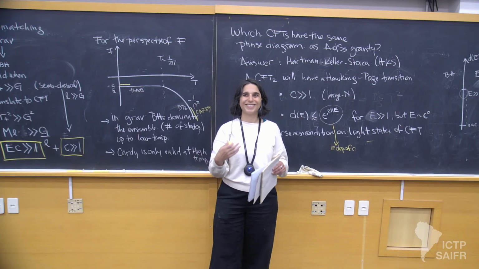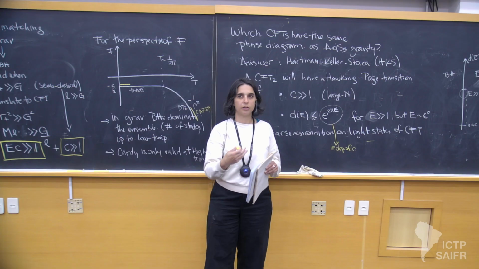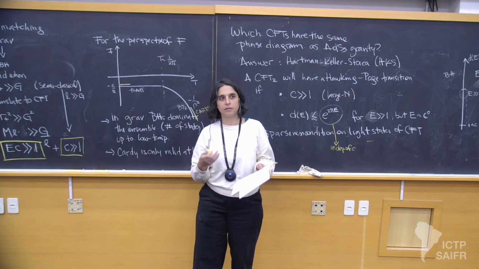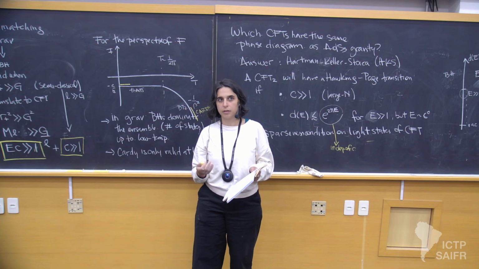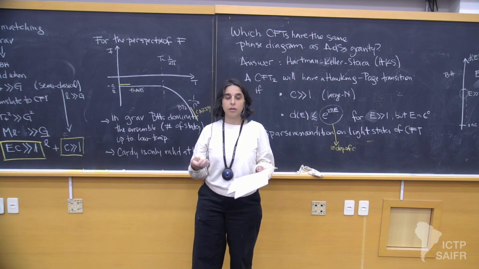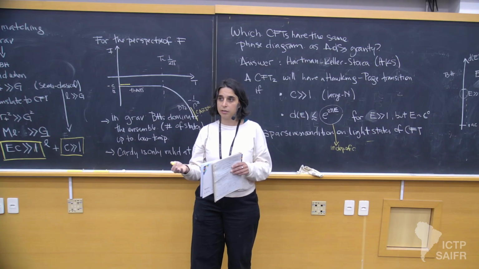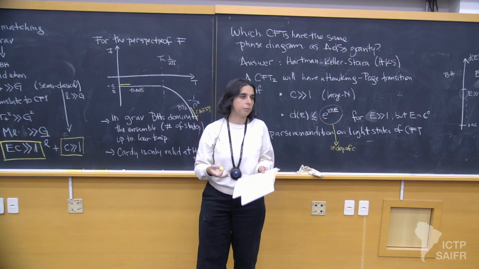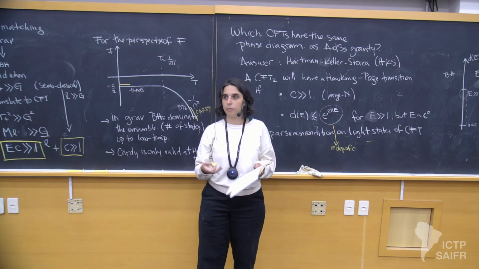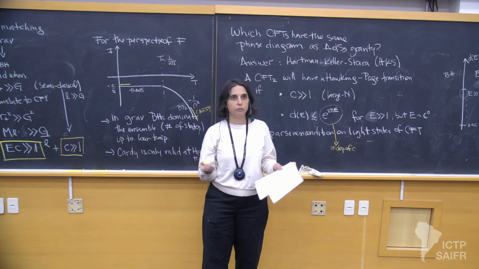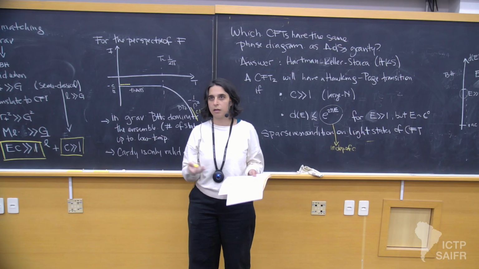For instance, a descendant will be light because the energy of a descendant is just an integer, not controlled by the central charge that the CFT has. Primaries depend on the type of primaries. There can be primaries that are light, but generically there can also be primaries that are heavy. So it's a little bit different. But if you want a lamppost example of a light state, descendants are light states.